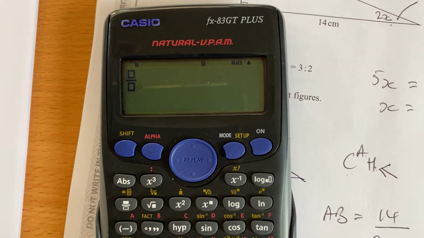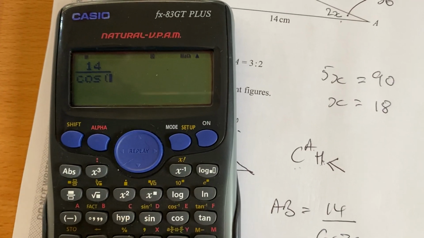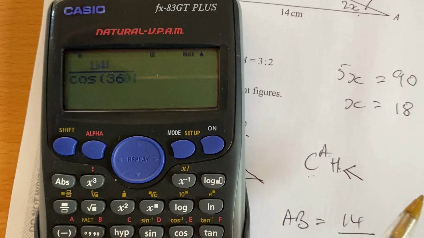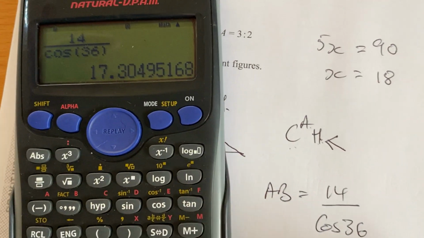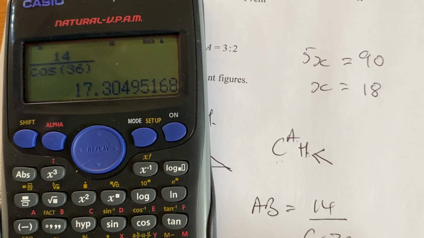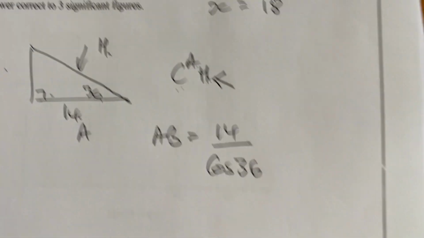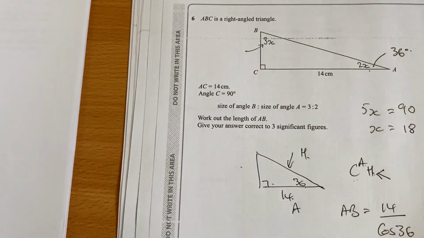So I use my fraction button, 14 all over cos 36. I'm just going to close the bracket, push the arrow there, press equals, and it gets 17.30 and it wants it to 3 sig fig. So I need to make sure I leave it in 3 sig fig. And that gets you those marks.